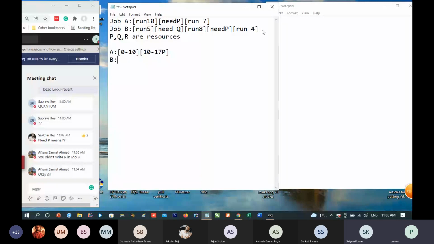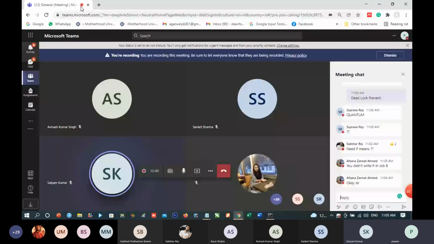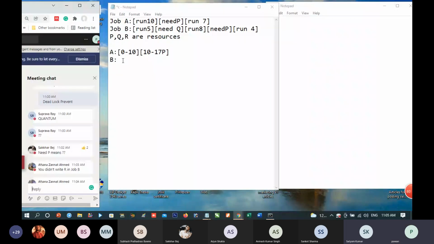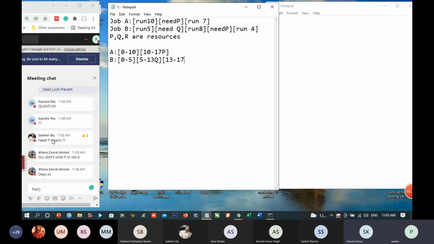What will happen to job B? It will execute from time 0 to 5, and then it will execute from 5 to 13 using Q. Then from 13 to 17, it cannot execute.